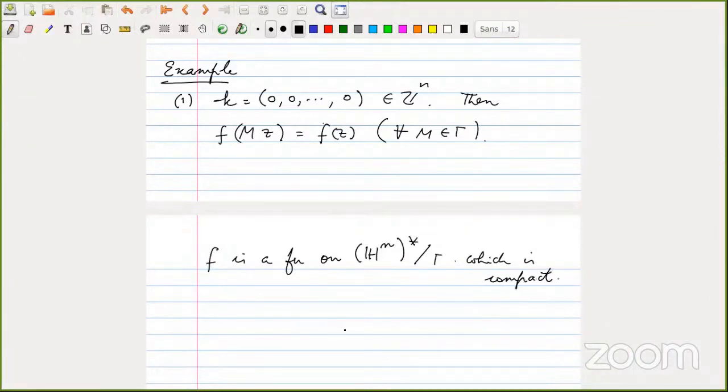Okay, so therefore, we know this from complex analysis, f has its maximum in this space. I think it's called the maximum modulus principle, right? But if I want my f to be a cusp form, then the maximum has to be attained inside the space itself.